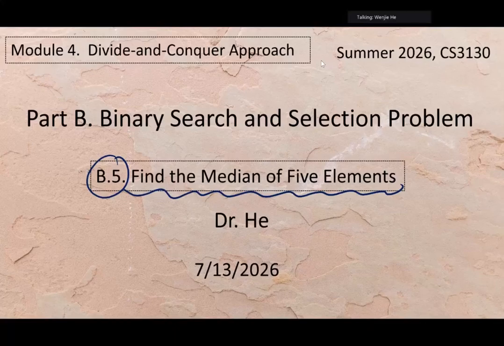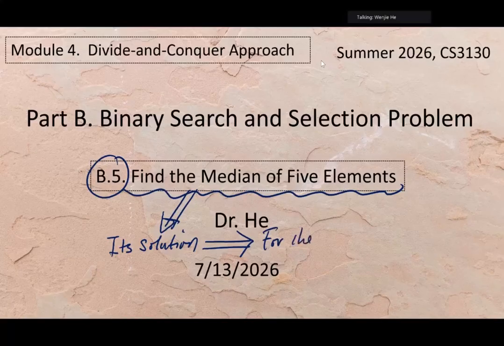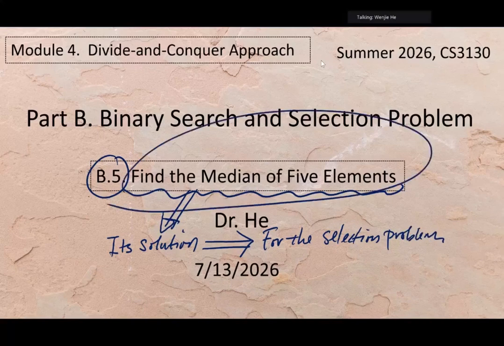And also, its solution, we will use it for the selection problem. Because in the selection problem, the first step, we need to apply this solution.